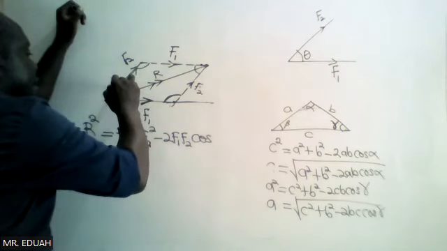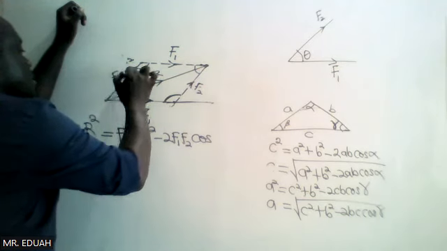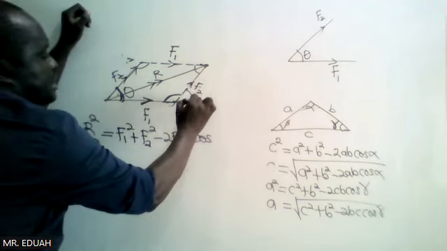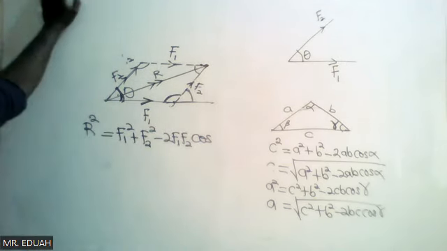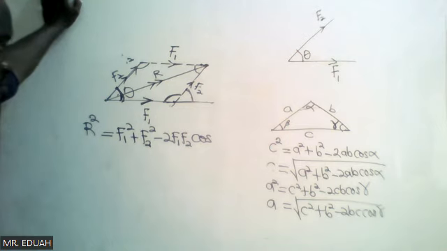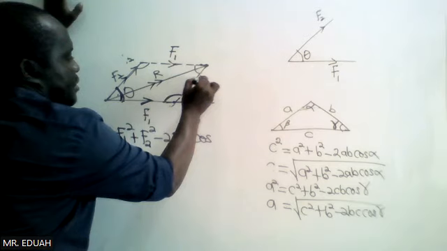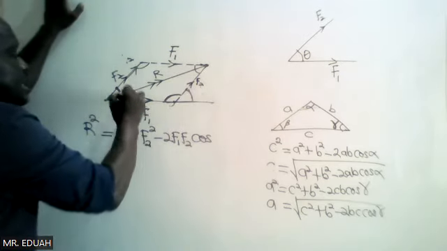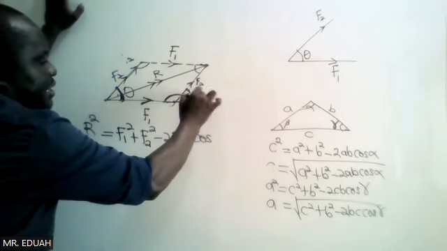So if from F1, F2 to this is theta, then from here to here must also be theta, because this is parallel to this. Please, are we okay? Yes.